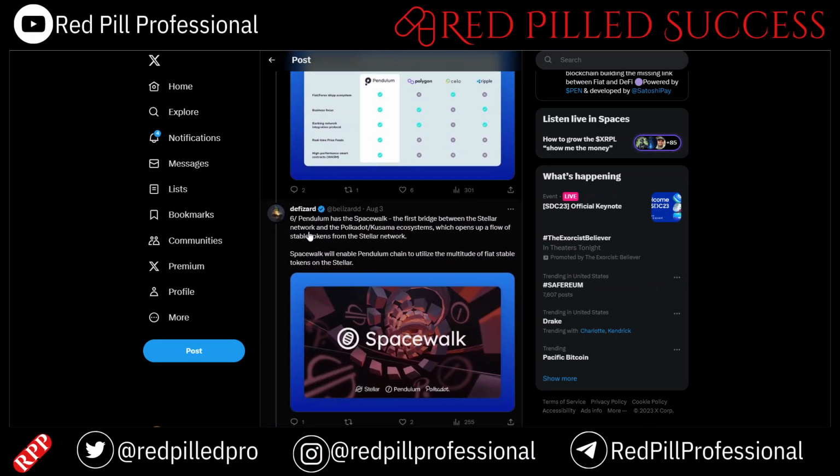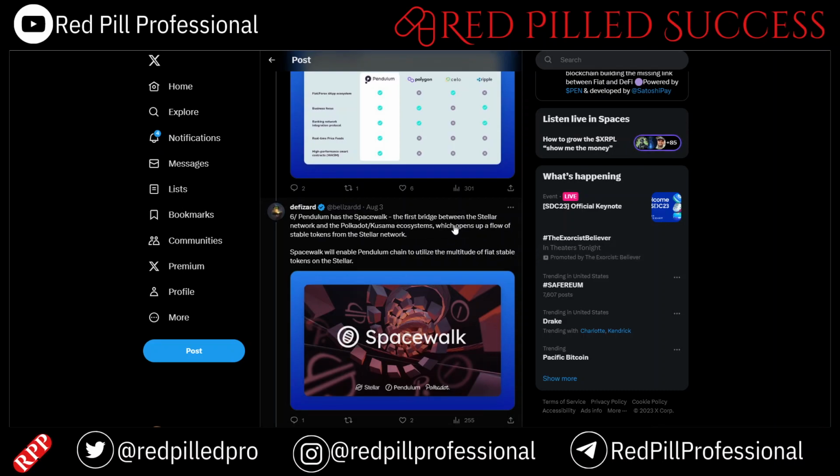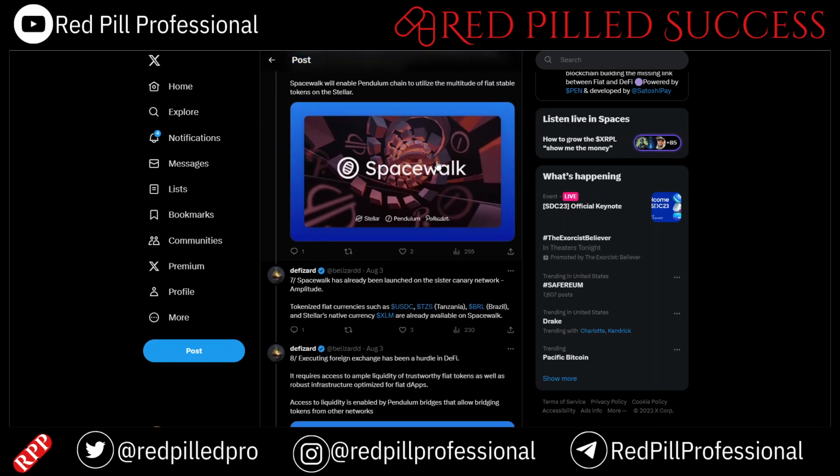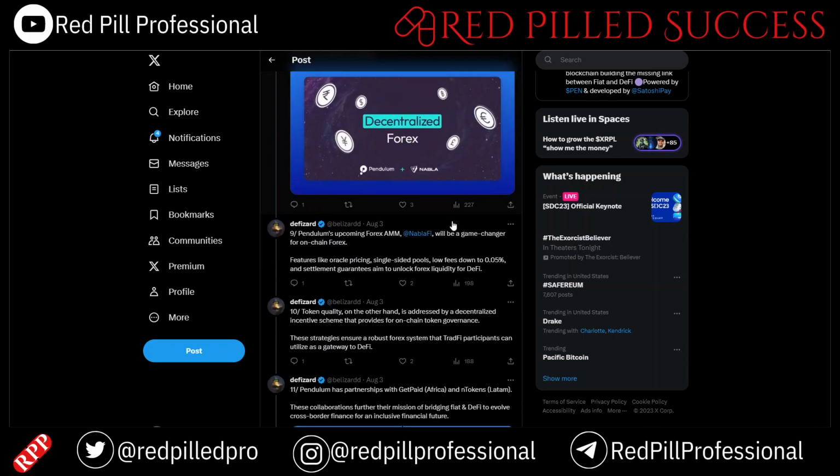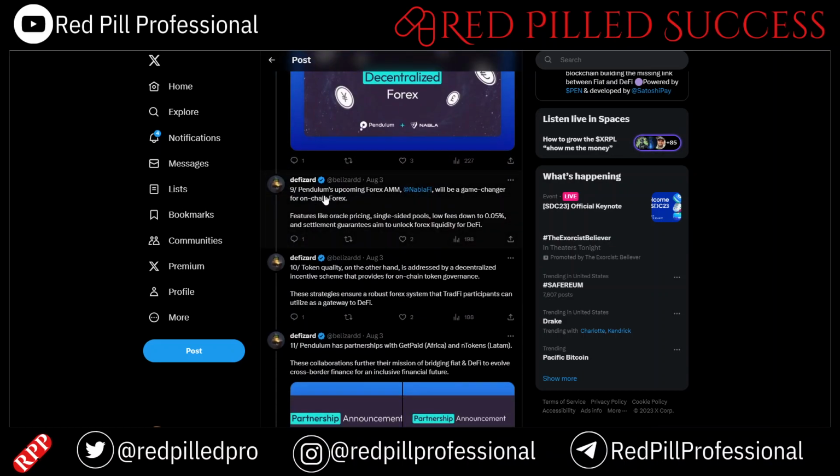Again, Pendulum has the Spacewalk, which is the first bridge between the XLM network and the Polkadot ecosystems. Spacewalk has already been launched, and it has tokenized fiat currencies on there as well as XLM.